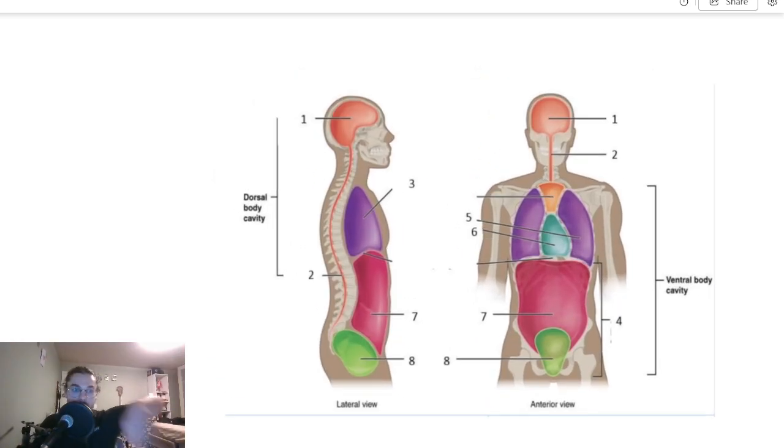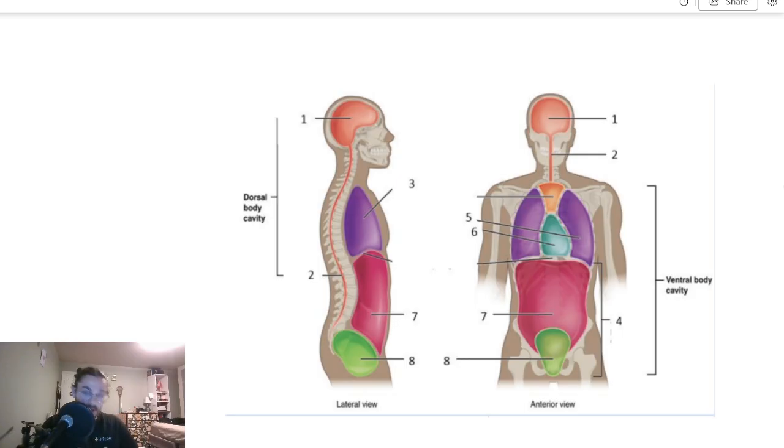Okay, so right here we've got our body cavities, all right? So let's talk just a little bit about this briefly. We talked about our planes of motion. We talked about our bones. We talked about like how we get movement sort of and how we describe movement. So now we're going to talk about the inside of our body, kind of the stuff that doesn't have as much to do with our muscles and our human movement system as much as our endocrine and like organ systems, right?